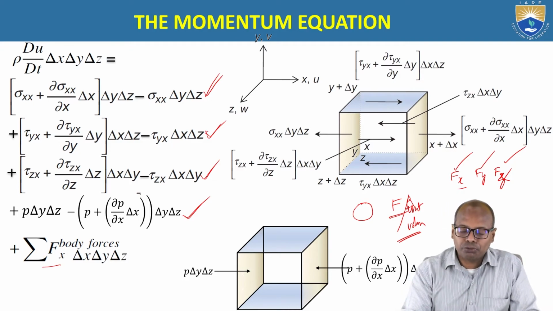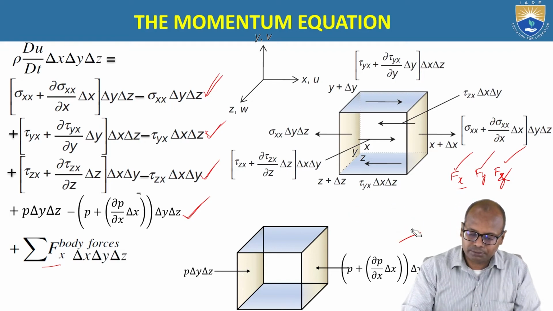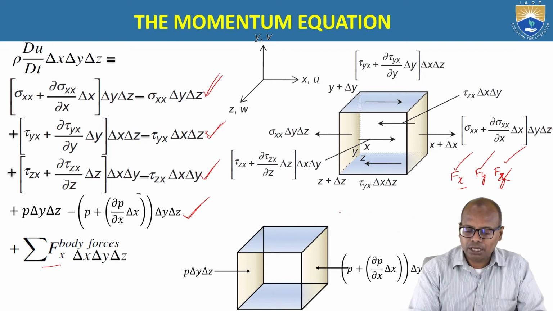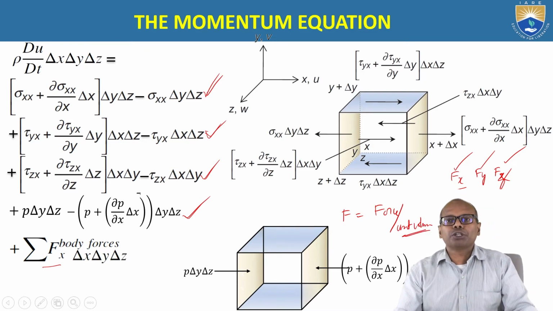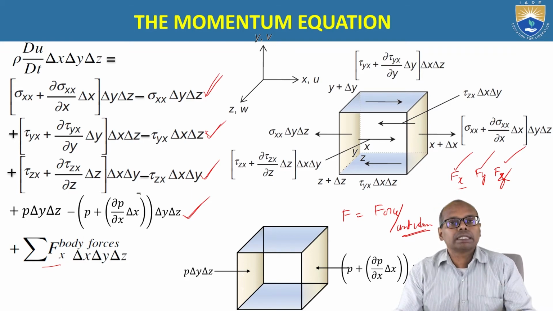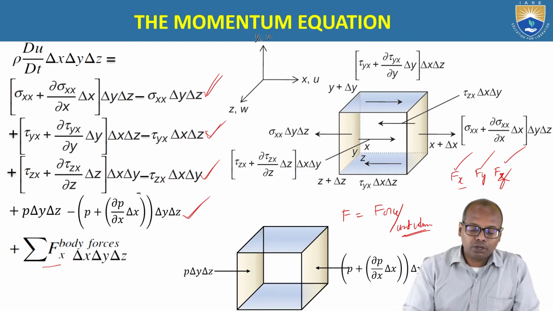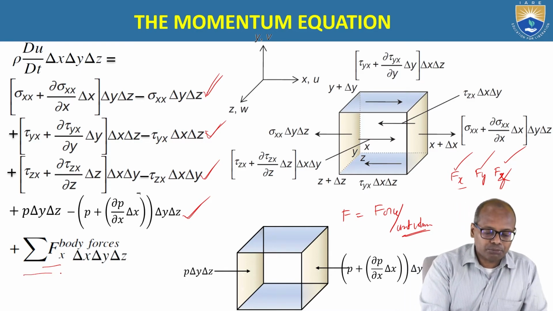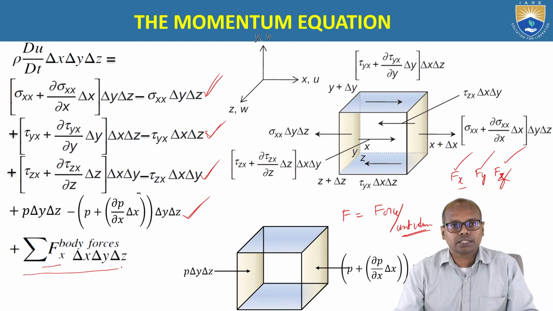So F is equal to force per unit volume. Now what is the total force? Force into volume, that is written here. So this is the total body force in the x direction.